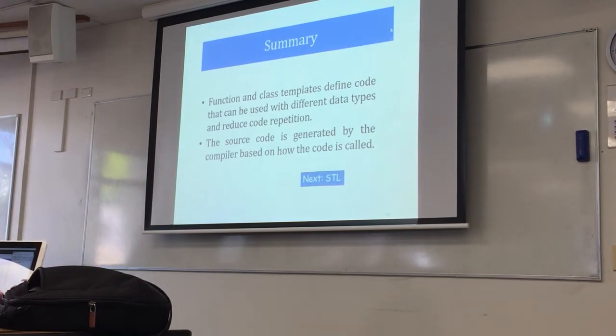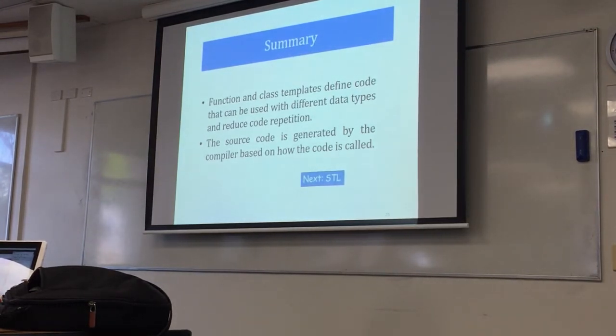And this type of polymorphism is called parametrized polymorphism, as opposed to polymorphism provided by inheritance, which is called subtyping polymorphism.